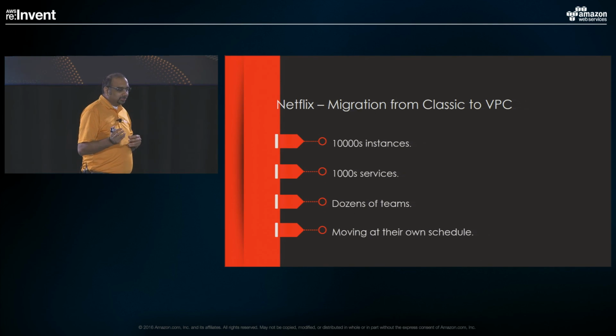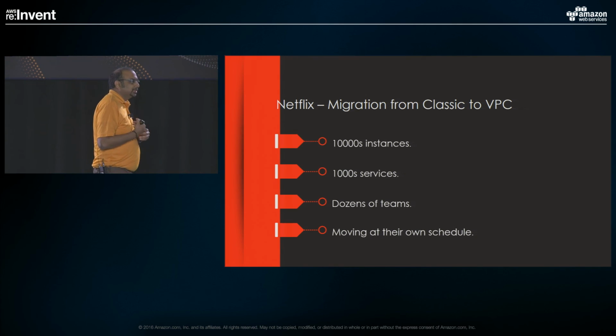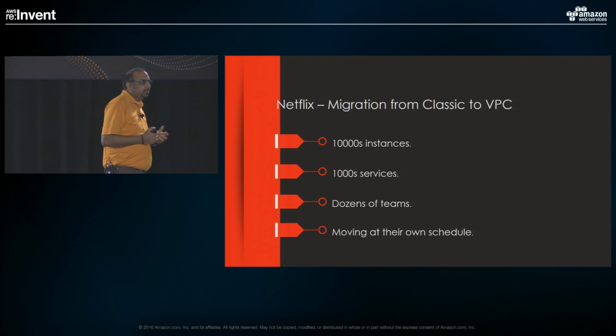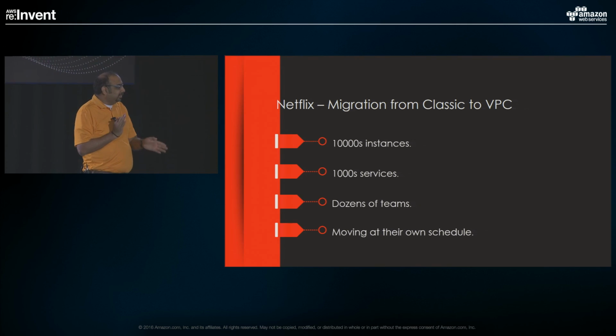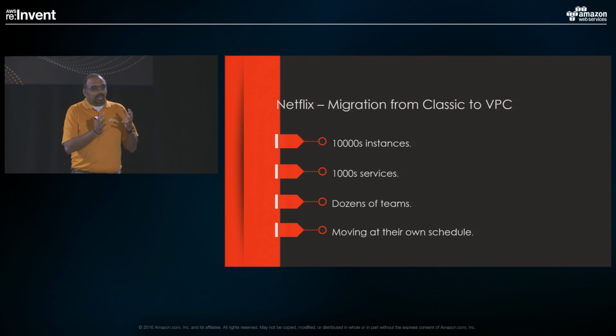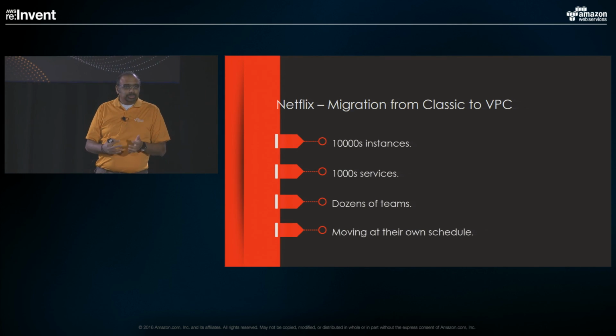They had numerous services, and more interestingly, dozens of teams, and each team had their own schedule and their own pipeline. So when they wanted to move, they could not align the teams to move all at the same time. The approach they took was to look at the type of applications. They started with their non-critical applications and moved those first.